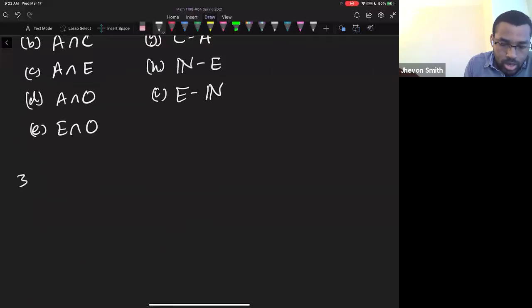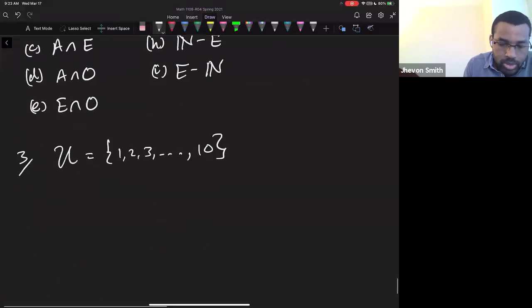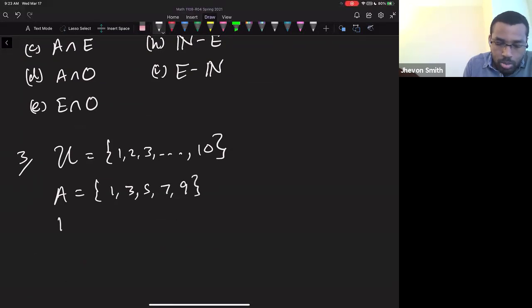And 3. This is the last one. Now my universe is the first 10 positive integers. A is the set 1, 3, 5, 7, 9. B is the set 2, 4, 6, 8, 10.